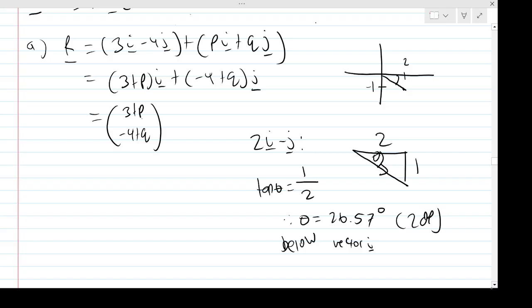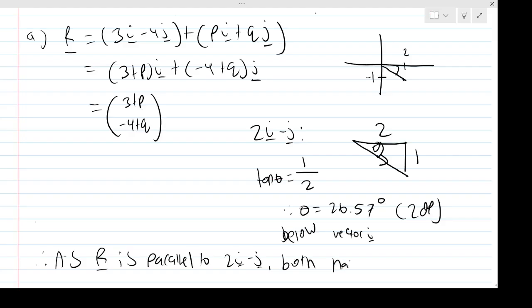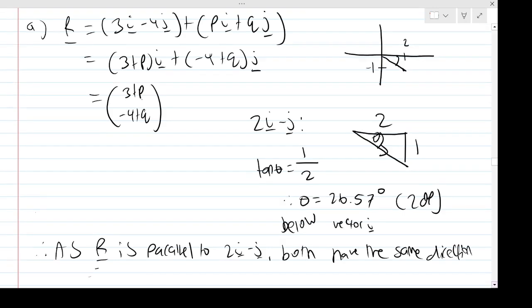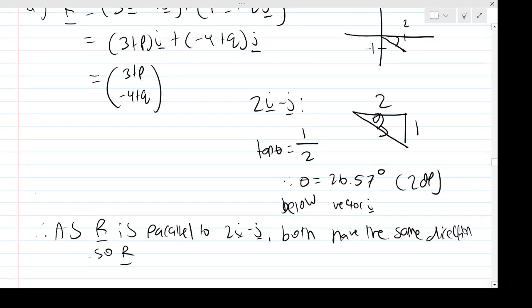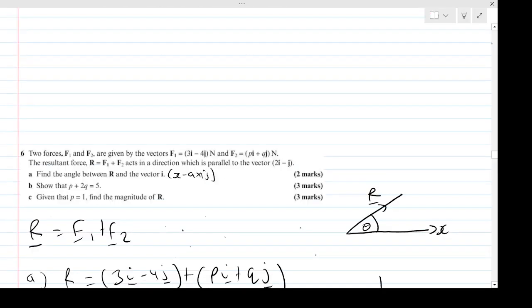So therefore, as r is parallel to 2i minus j, both have the same direction, r makes an angle of 26.57 degrees with the vector I. And again, that just means I is the x-axis, so the angle it makes with the x-axis.